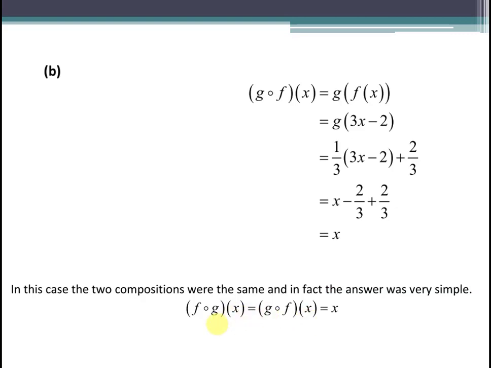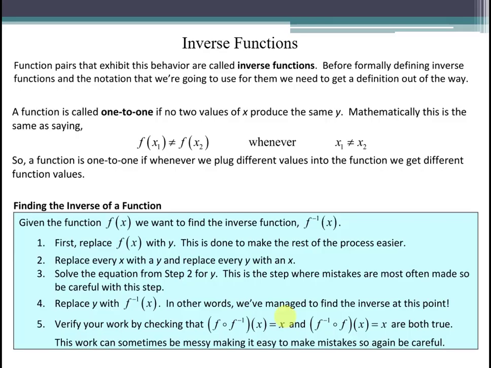So, why do we have the same answers in this question? We will answer in the next part of our lesson. So the next topic is inverse functions.